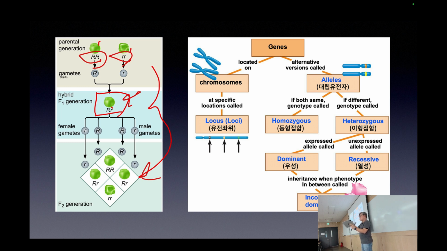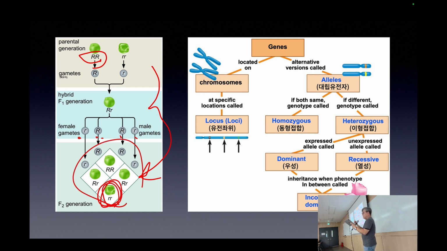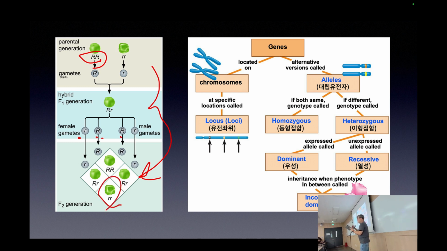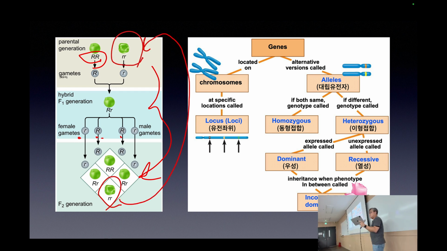But if you are patient and keep doing this, in the next generation this allele will segregate once again, individually giving out two different alternative forms. So phenotypically, now the original parental phenotype reappears.